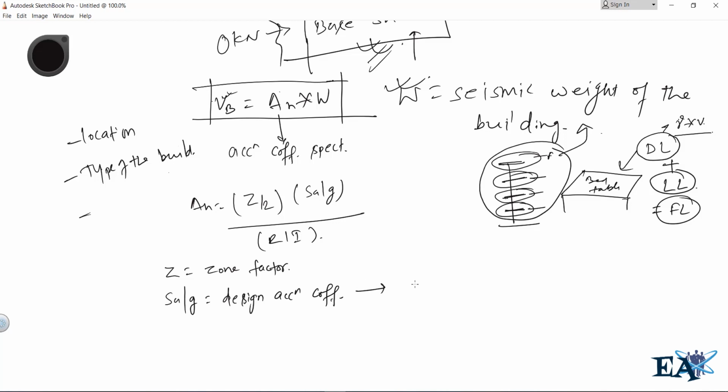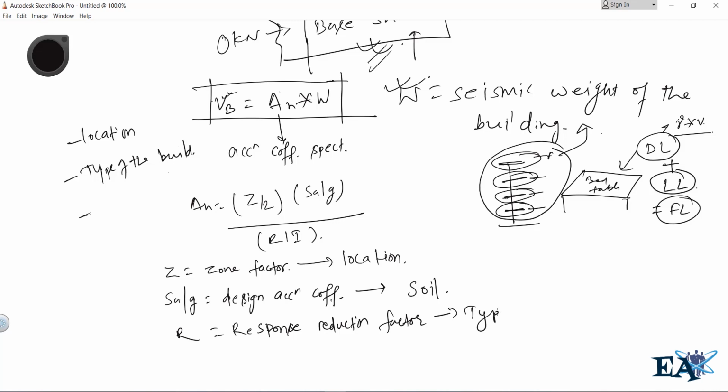It will talk about the kind of soil and the location of the building. And R is the response reduction factor. It will talk about the type of the building, whether it is a brick wall or RCC, and if it's RCC, what kind of RCC it is, or whether it is a steel structure.